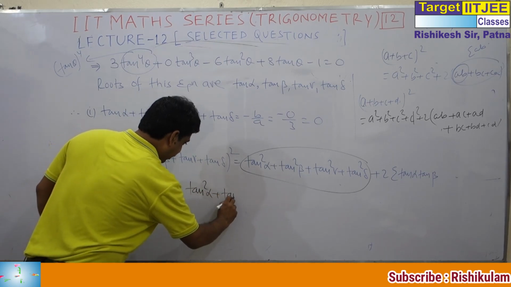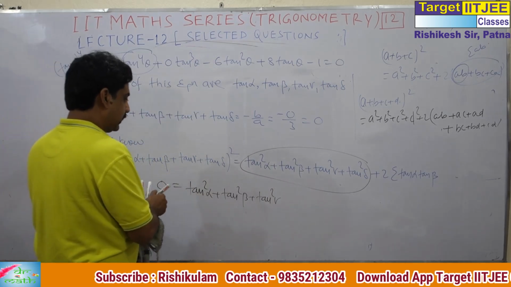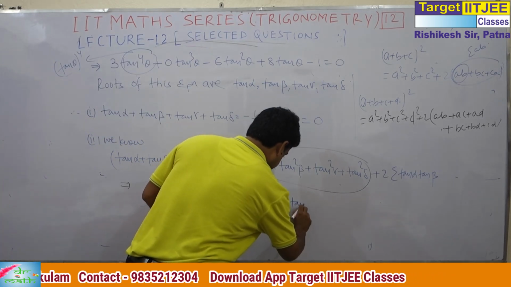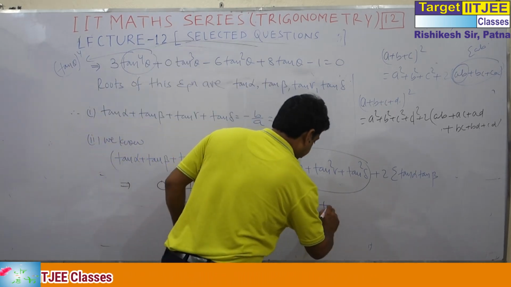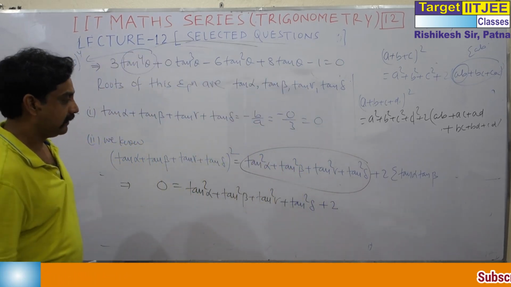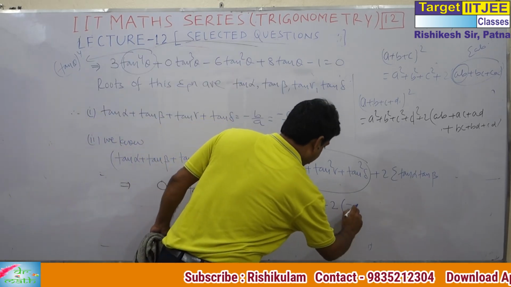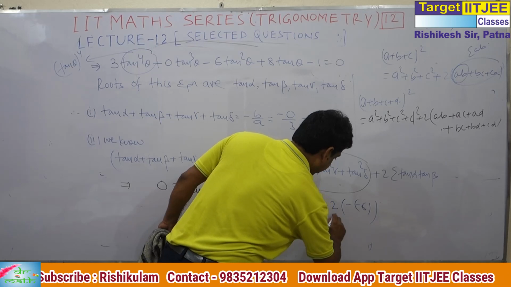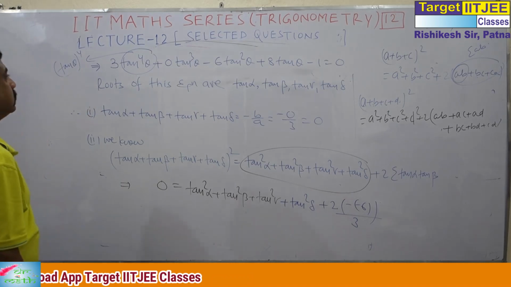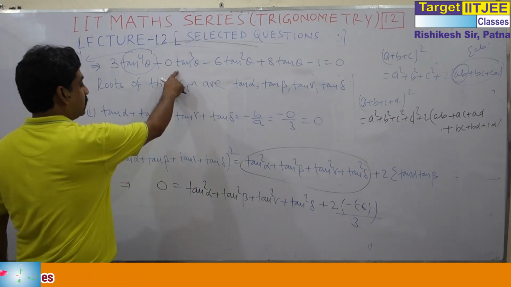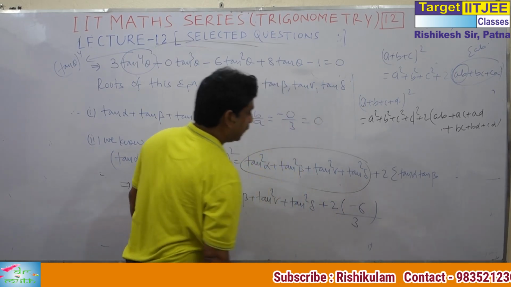Tan square alpha, tan square beta, tan square gamma, tan square delta, and plus 2 times this, which is c by a. No, this is plus c by a, I was doing it wrong, and c is minus 6.